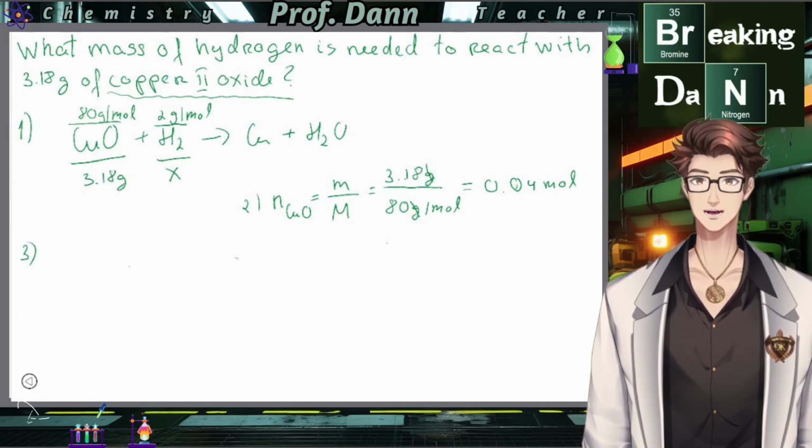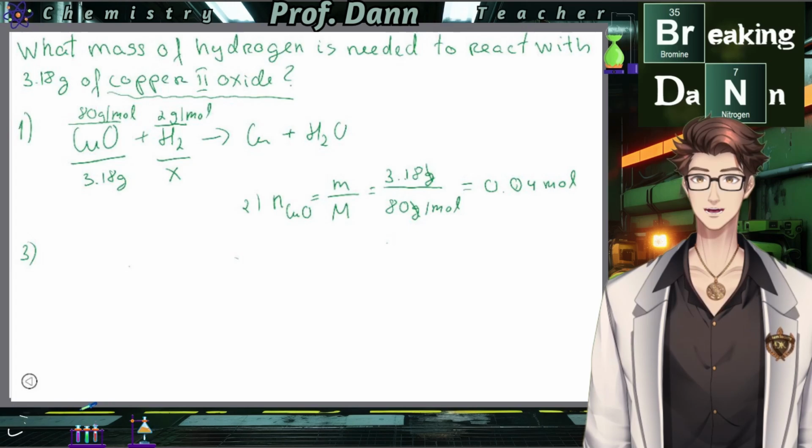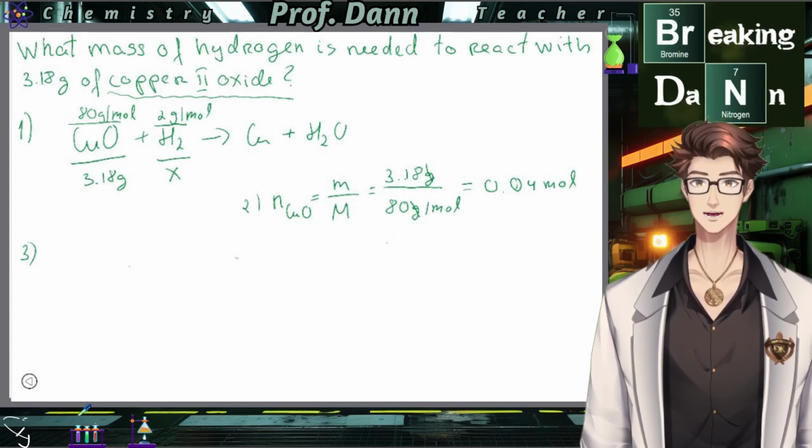And now we have to remember the main reason we balance a chemical equation is to find the mole ratio. And in step number 3, we have to use the coefficients between substances. Remember, our main goal is to find the mass for hydrogen, and to do this, we are going to use coefficients from our chemical equation and the amount of moles from step number 2.